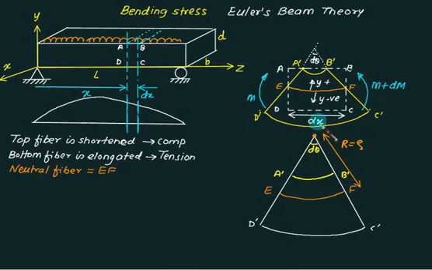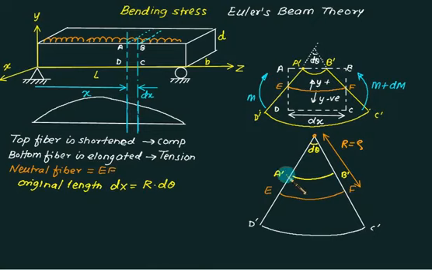Before deformation, this length was dx, which is the same as the EF length, and the EF length is the same as R multiplied by del theta. The EF length before and after remains the same. So what is the original length? It is basically dx, which is the same as R multiplied by d theta, with theta in radians.